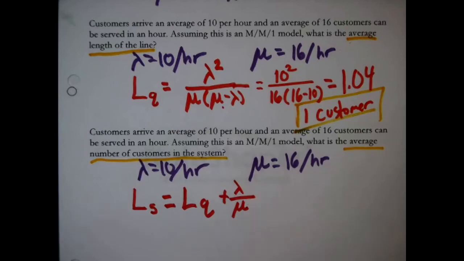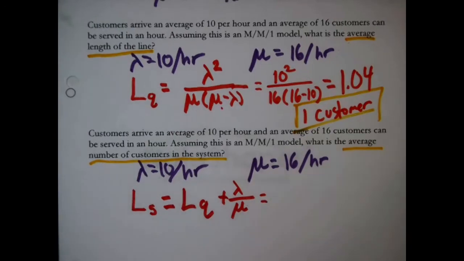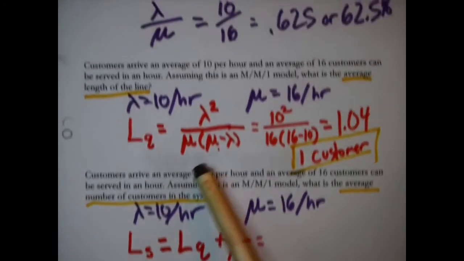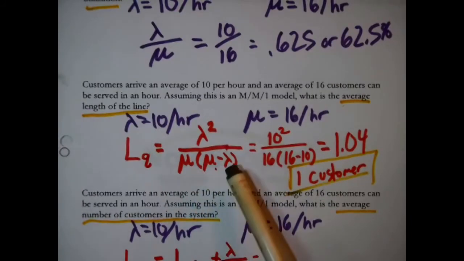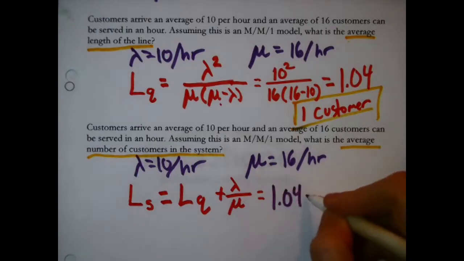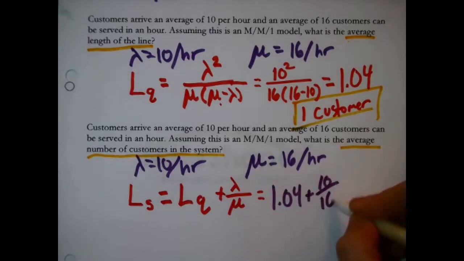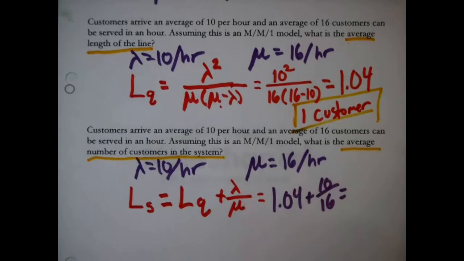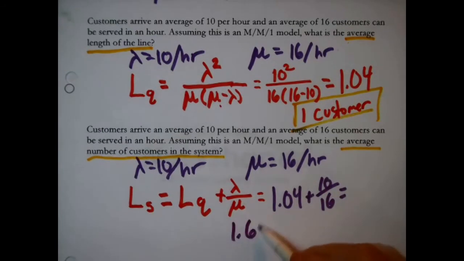Conveniently, we could substitute in for LQ lambda squared divided by mu times mu minus lambda. But we have that work from the previous question right here. So we would say, 1.04 plus 10 over 16. When I do that, I get 1.67.